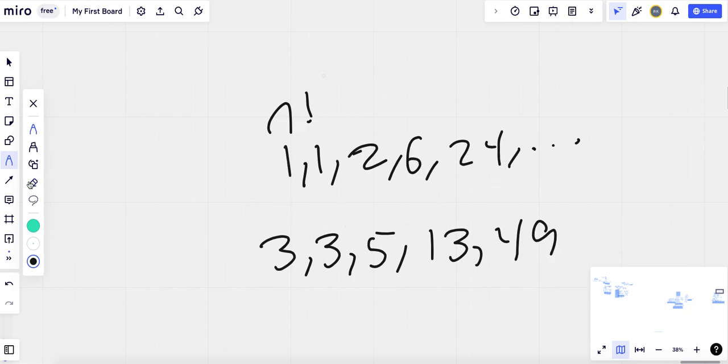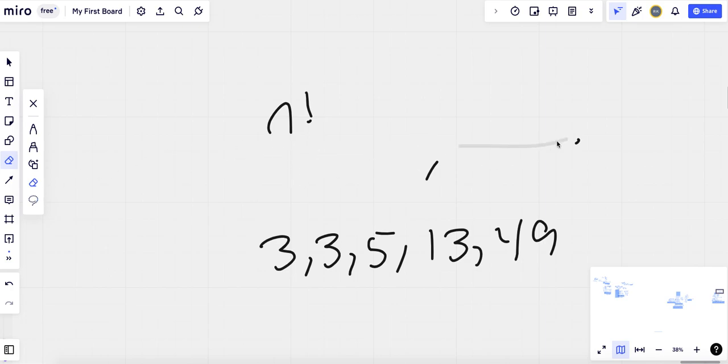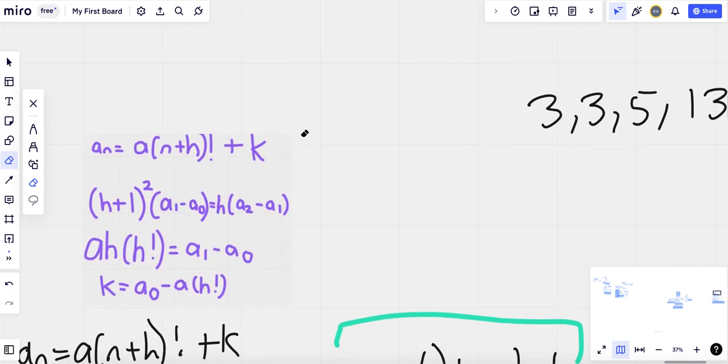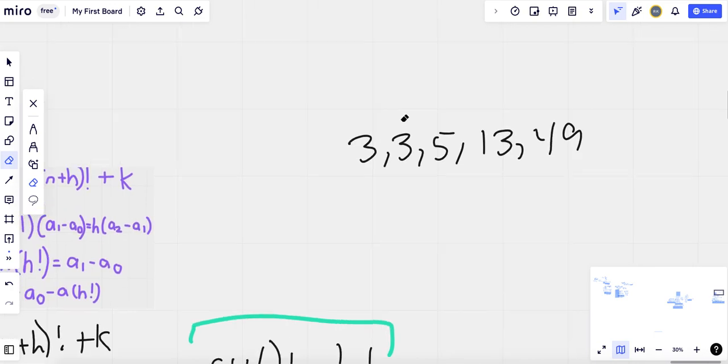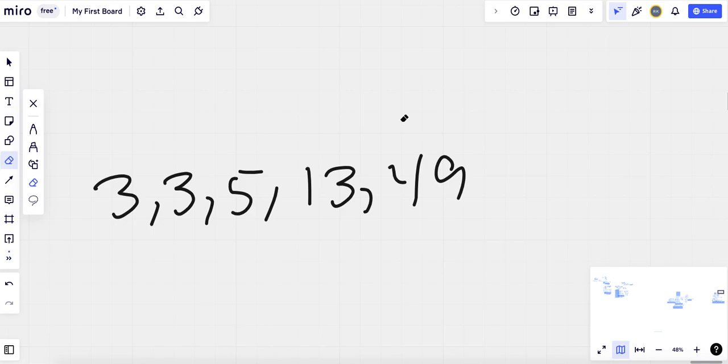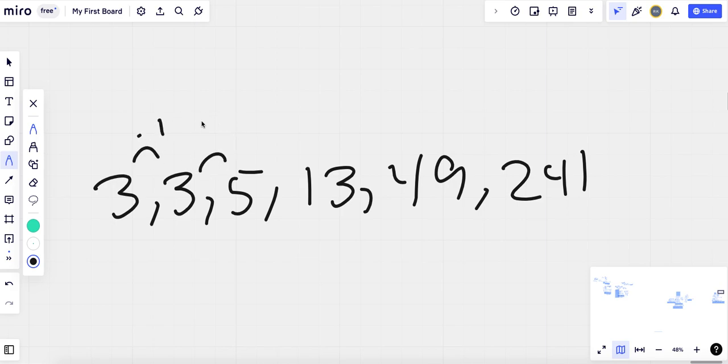And say that we're given the sequence, and we test it against this template. Another reason we would choose to test it against this template is because if we look at the ratios between each term, the ratios go times 1, times something a little bit over 1, right? 5 over 3 times 13 over 5.